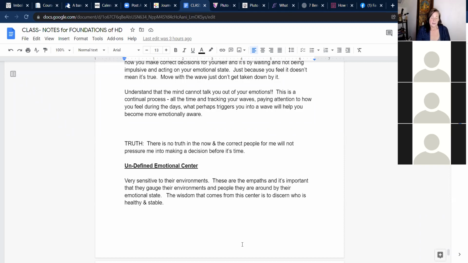And it is important that you gauge your environment, and the people around you, by your emotional state if you are emotionally undefined. So it's so important that you're in touch with how you feel, and that you validate how you feel, because how you feel is actually a barometer for the room.